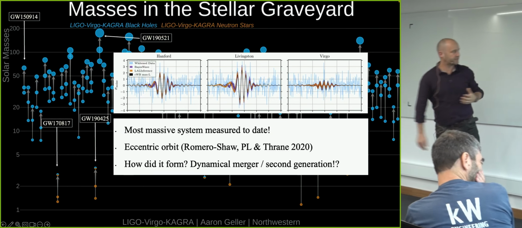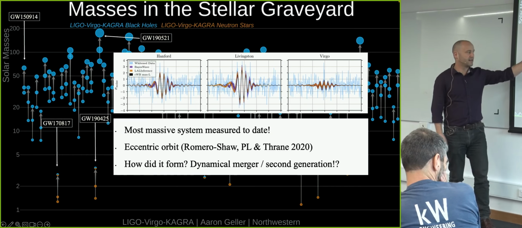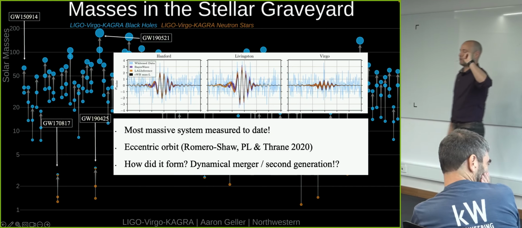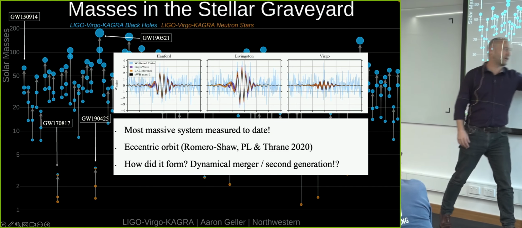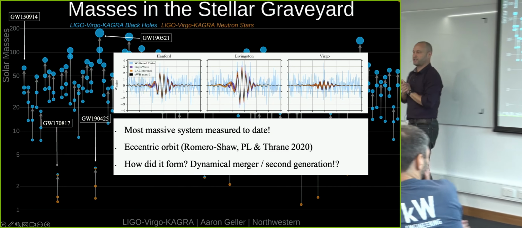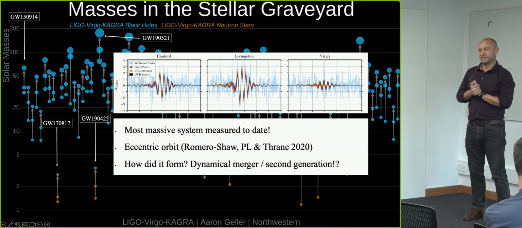But what was really interesting about this, not only was it the most massive system to date, but we actually showed, so Isabel Romero-Shaw was a PhD student here with myself and Eric. Eric and I showed that this system actually has an eccentric orbit. And that's weird, okay?